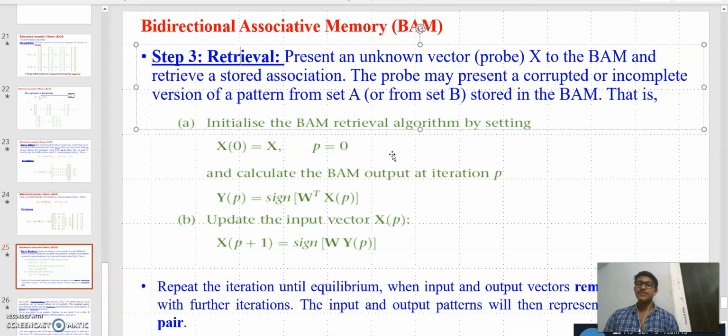First, initialize the BAM retrieval algorithm by setting X(0) equals X and p equals 0, and calculate the BAM output at iteration p. Next, update the input vector X(p). Then repeat the iteration until equilibrium, when the input and output vectors remain unchanged with further iterations. The input and output patterns will then represent an associated pair.